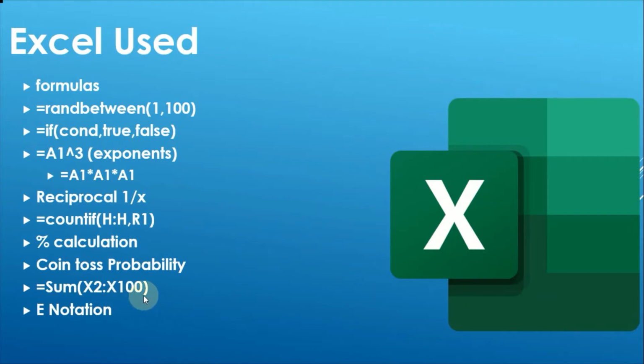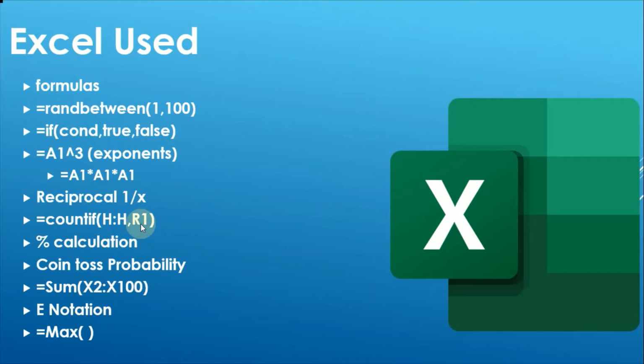So it's just a shortcut. For example, if you wanted to represent a 1 with 100 zeros, it'd be hard to write, but you can write 1E100, I believe, in Excel, and that would give you the same number. We're going to use a MAX function also. So we're going to use that to figure out what's the maximum number of consecutive heads or votes.